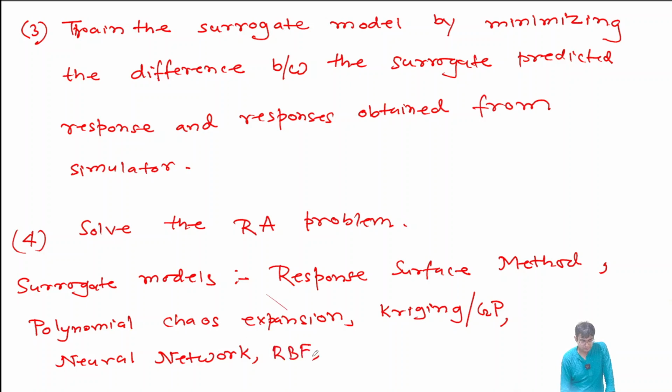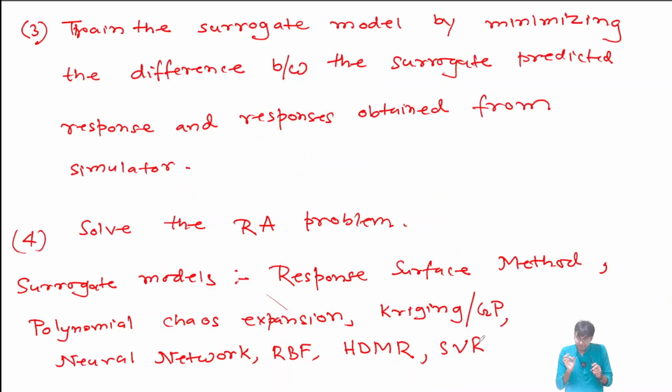Then there is something known as high dimensional model representation, HDMR. Then there is support vector regression, and by now you realize that all supervised machine learning algorithms can come here. Okay. So, I will not increase the list, but fundamentally any supervised learning algorithm can be a surrogate model.